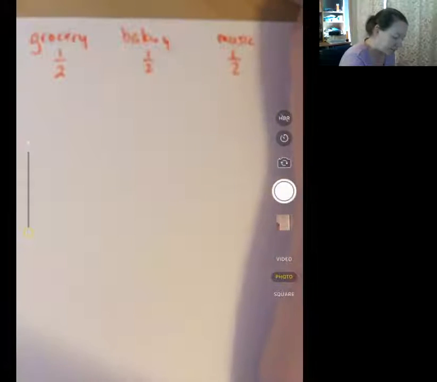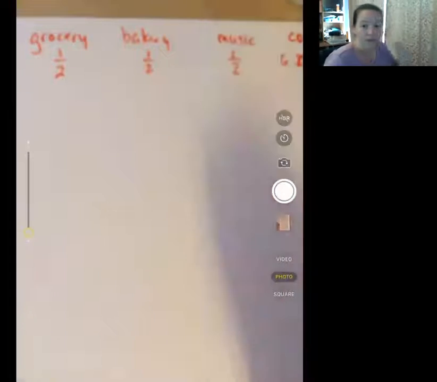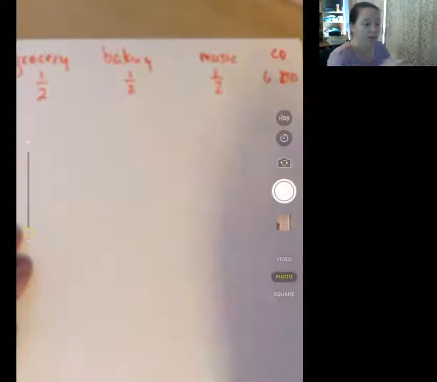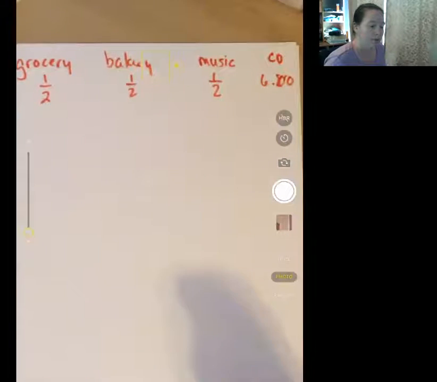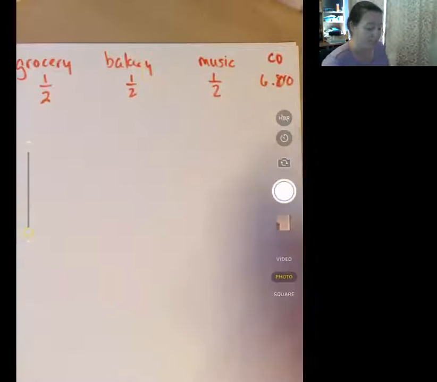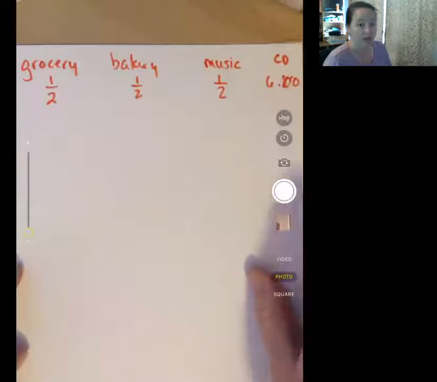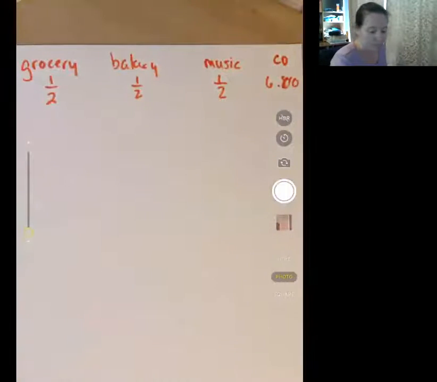Then we have CD, and that was $6. Okay. Grocery, bakery, music, CD. Right.